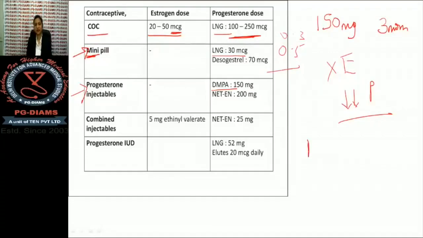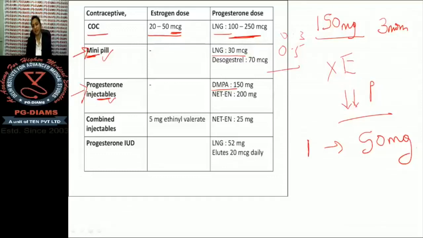That means in 1 month, if theoretically you assume that the entire 150 mg is used in the body and it is equally divided over the 3 months, the drug that you will have available is 50 mg. Right, this is very theoretic, it is not given in the books. I am telling you this so that you understand how the mechanism of action of progesterone injectables and mini pill differ. Both of them contain progesterone, but the mechanism differs because the dosage of progesterone is different. So you have to understand that progesterone injectables are very high dose progesterones.